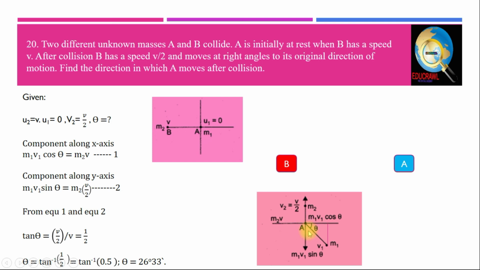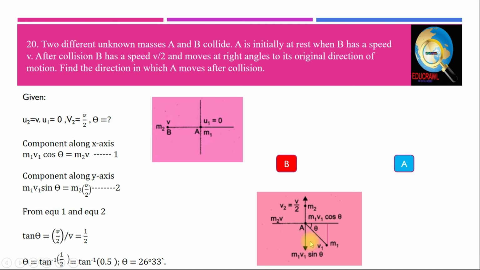In the second diagram, the velocity of object A after collision is v1, inclined at an angle theta. So we can resolve it into components v1 cos theta and v1 sin theta.